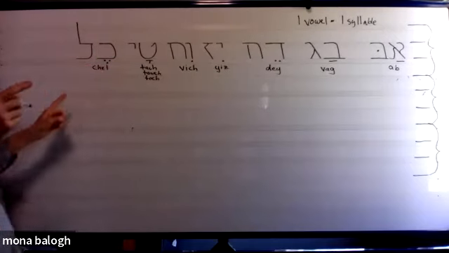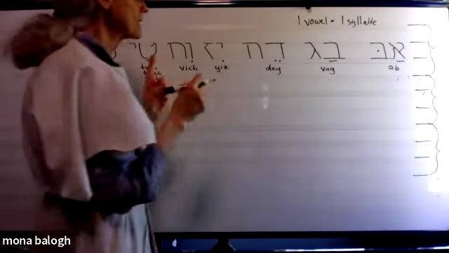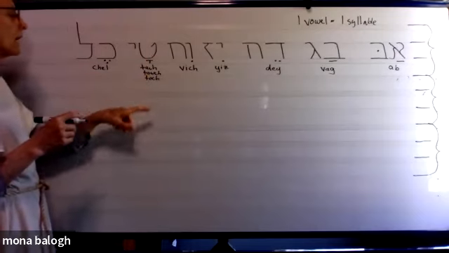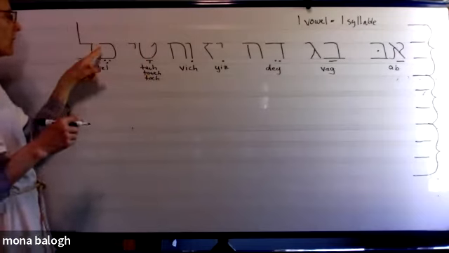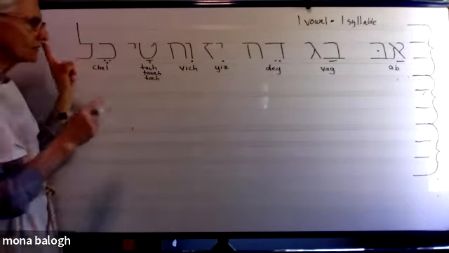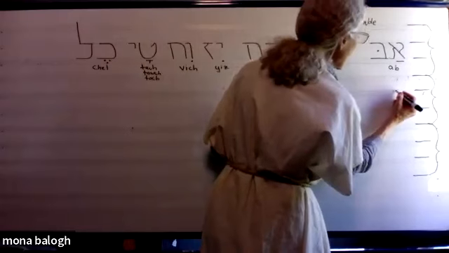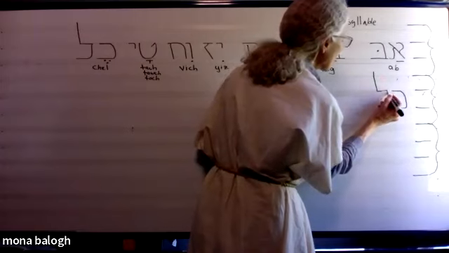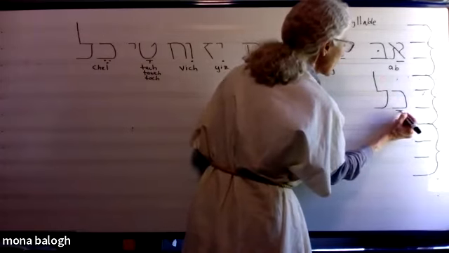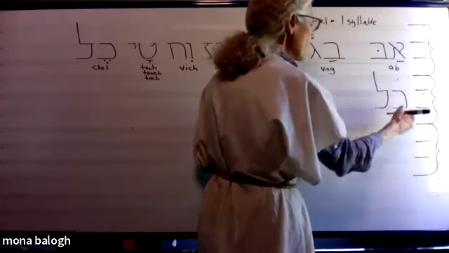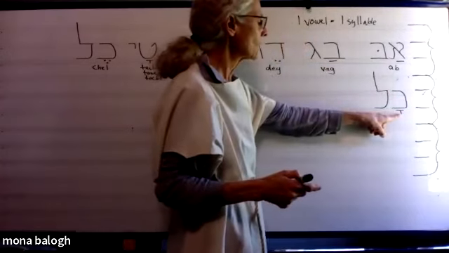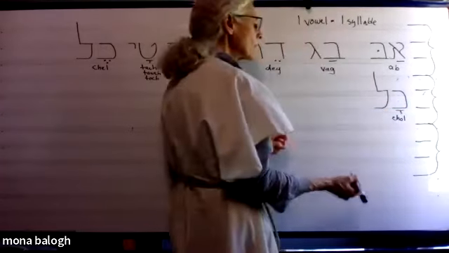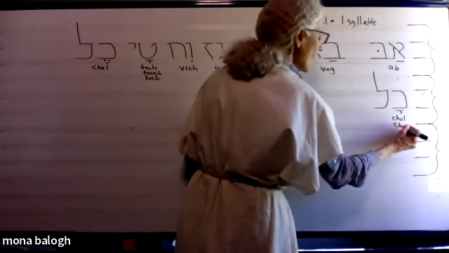Now you're going to see the exception to the kamatz. The kamatz is almost always pronounced as an ah, rarely as an aw, and rarely as an o. But if you have the chaf and lamed together, look what happens. Let's do the chaf again, and lamed, and let's do the kamatz. Now this one word is pronounced with an O sound: kol, or it could be pronounced kal.